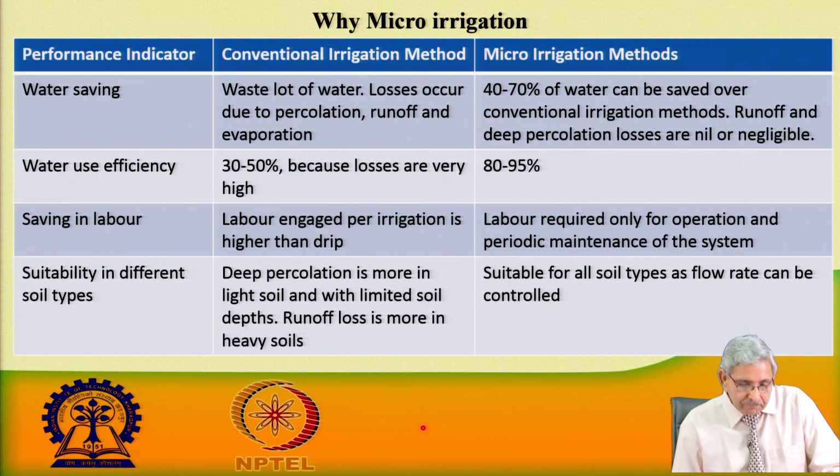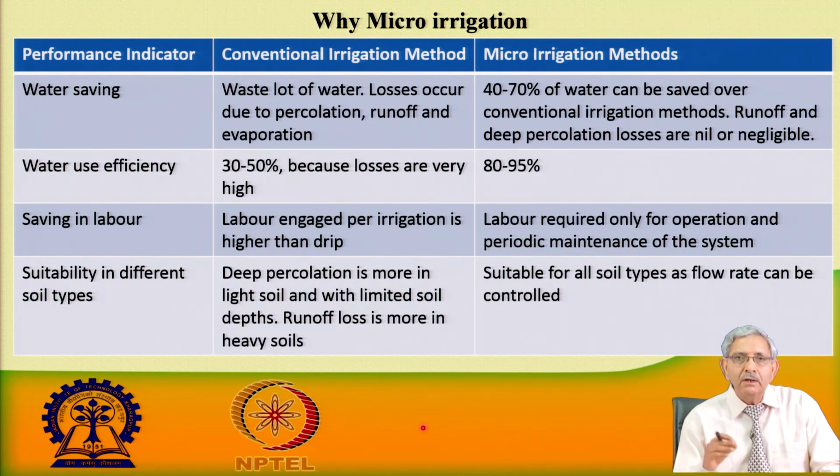From a water use efficiency point of view, in most irrigation projects combined with surface irrigation, even when efficiently managed, we hardly get efficiency up to 50%. A huge amount of water goes as loss, whereas in a micro irrigation system one can achieve water use efficiency up to 95%.